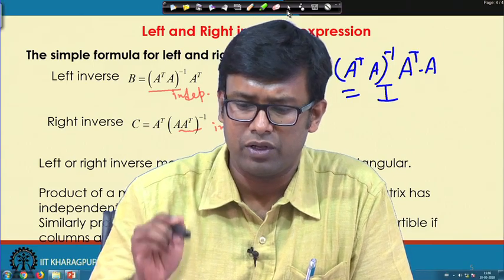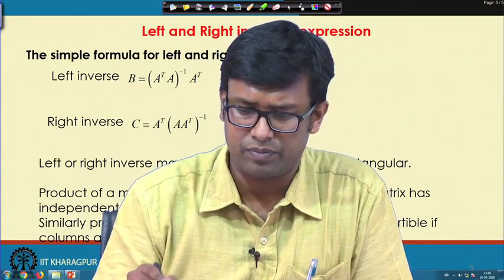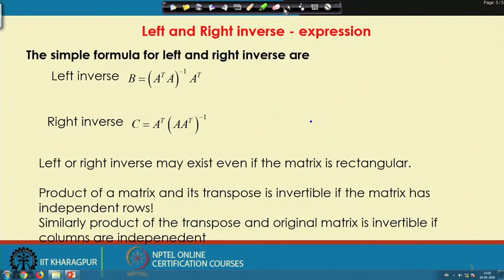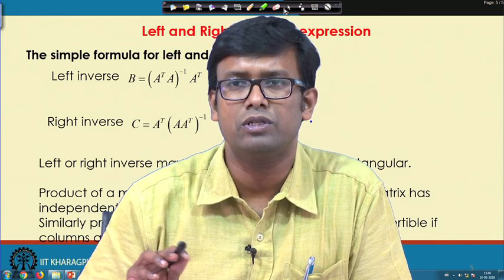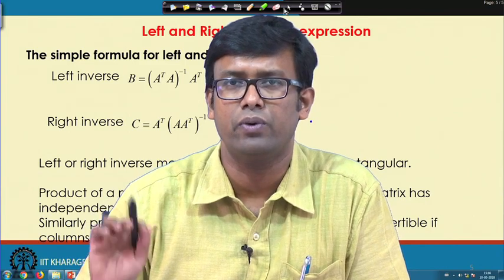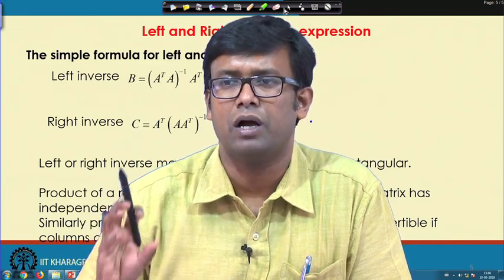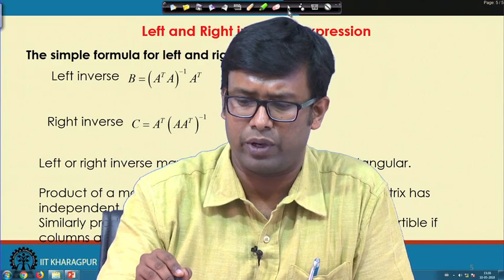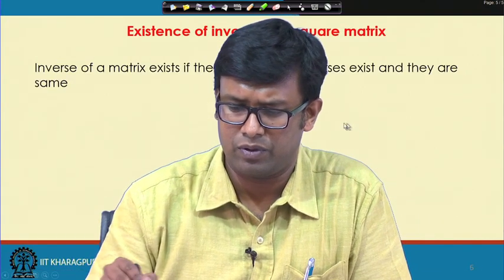Now, what will happen for a square matrix? The conditions m less than or equal to n and m greater than or equal to n still hold, because m equal to n asserts that the matrix is a square one.